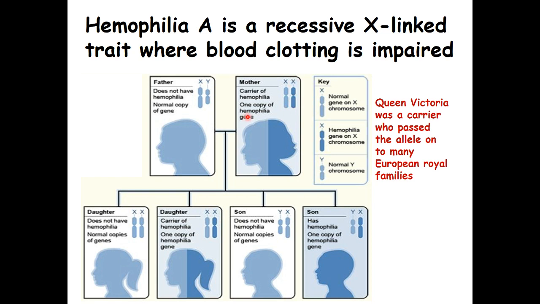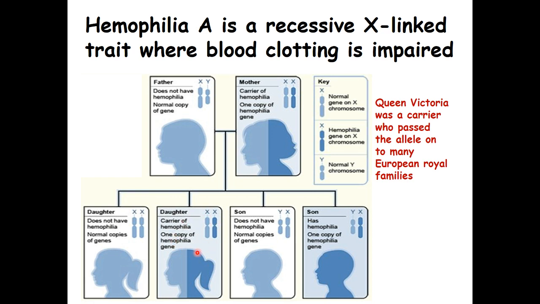Okay, and then when they have babies, if you look at this, the daughter will get one X from the father and one X from the mother. So this girl gets the good X from the father and the good X from the mother, and she's perfectly good. On the other hand, the other daughter can get the good X from the father, but one bad X. But she is still a normal person because she's a carrier.